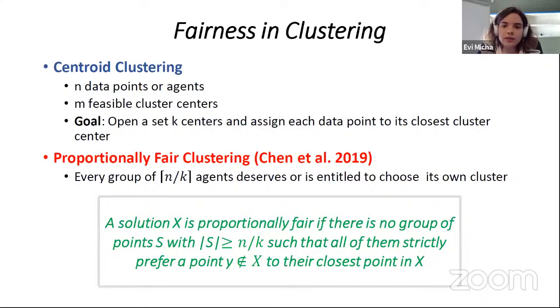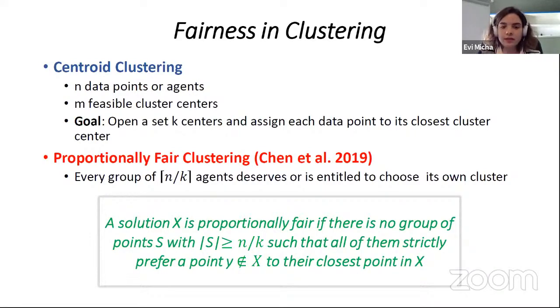And Chen et al. in 2019 first introduced a notion of fairness with respect to proportionality. Here we assume that the n data points are human beings or agents, and we consider that every group of n over k agents deserves its own cluster center, or is entitled to choose its own cluster center.